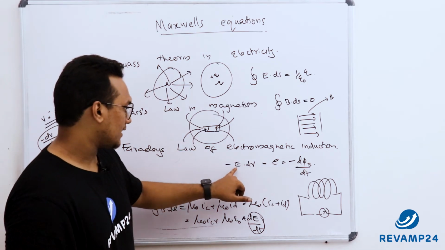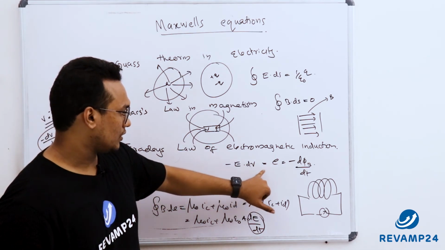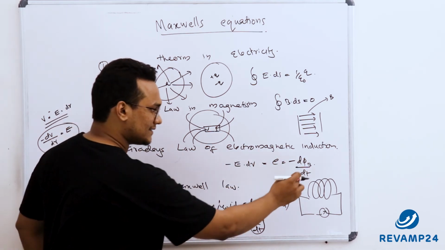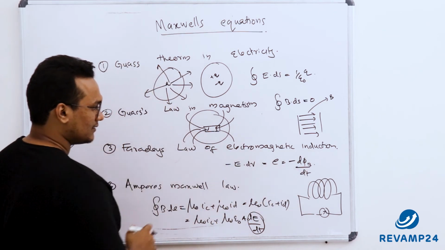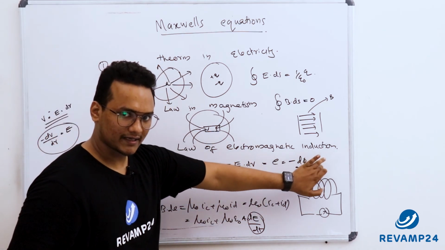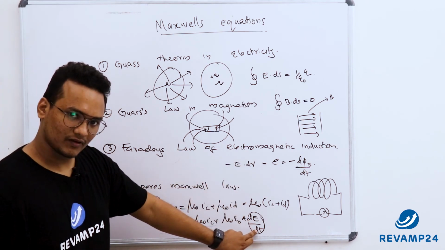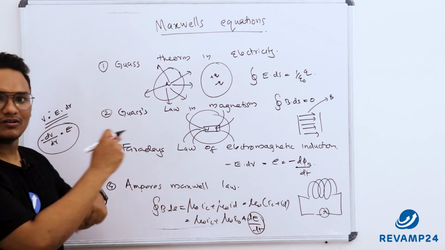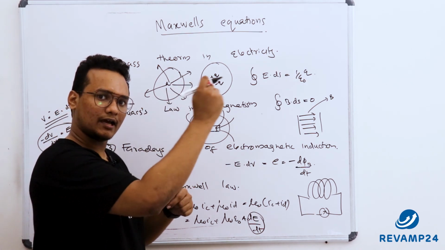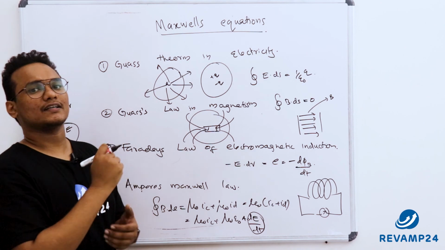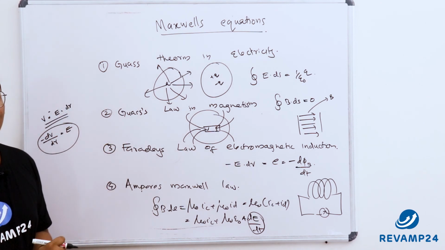Now I can say that E dot dr, that is the induced EMF, is equal to d phi by dt. See, change in magnetic flux or magnetic field creates an electric field. And change in electric field creates a magnetic field. So both a change in electric field can produce a magnetic field, and a change in magnetic field can produce an electric field. This is very important. Okay, thank you.